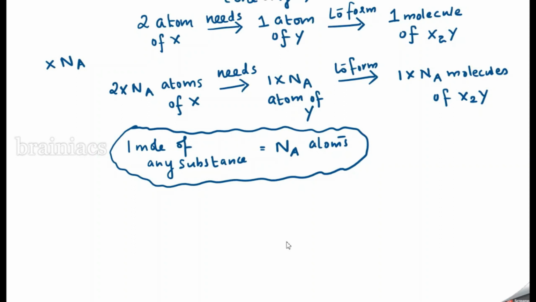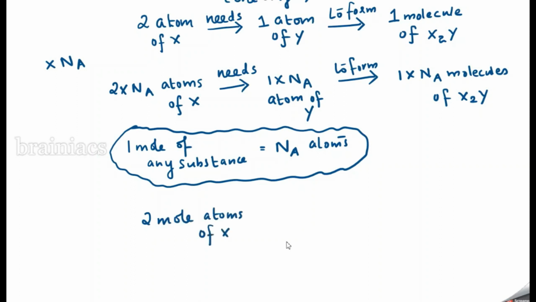So now tell me, 2 into Avogadro number of atoms can be replaced by 1 mole. So I can say 2 mole atoms of X, correct?